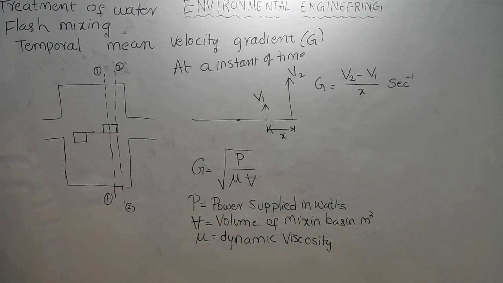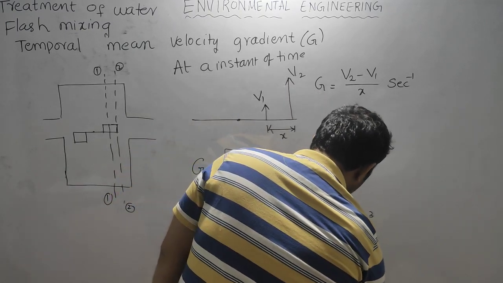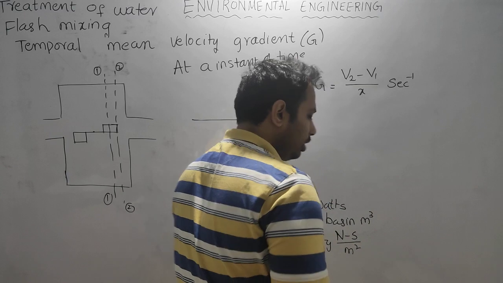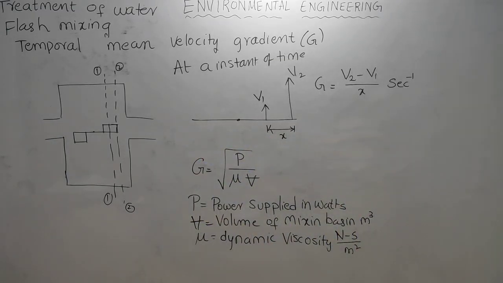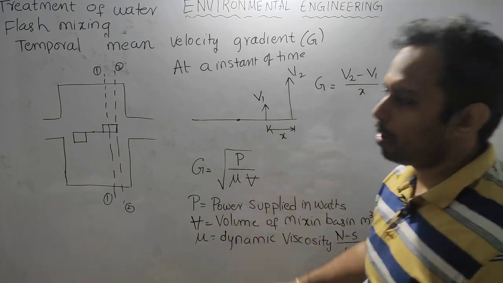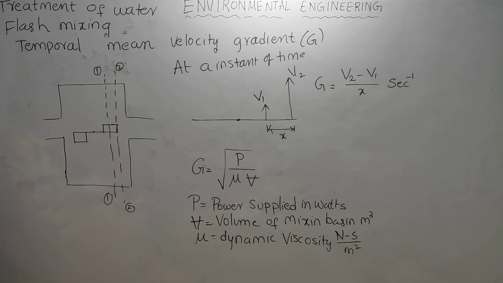Volume of the mixing basin should be taken in meter cube and dynamic viscosity should be taken in Newton second per meter square. So this formula is very, very important for GATE. So the G you can either find from velocity gradient or you can find from the power supplied to the shaft.